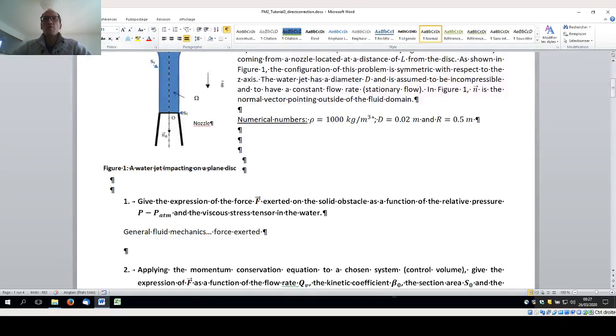We are looking for the force exerted on a solid surface as a function of the inner forces of the fluid, which are described by pressure and viscosity. If some of you have elements, you can share it in the chat with your colleagues.